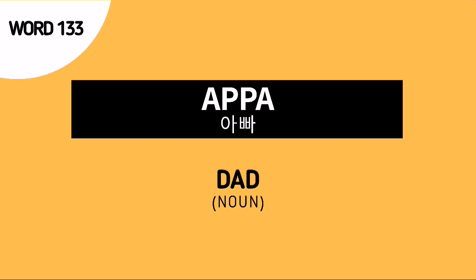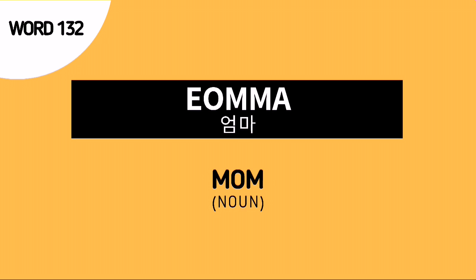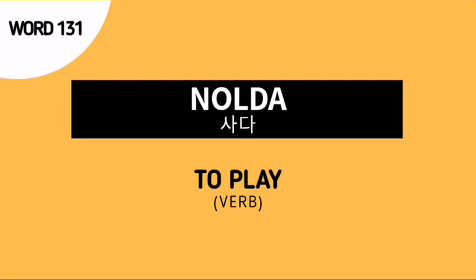Word number 133 is appa, and this is the Korean noun for dad. Word number 132 is 엄마, and this is the Korean noun for mom. Word number 131 is 놀다, and this is a root verb which means to play.